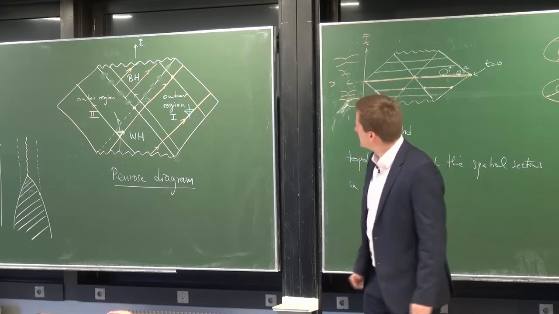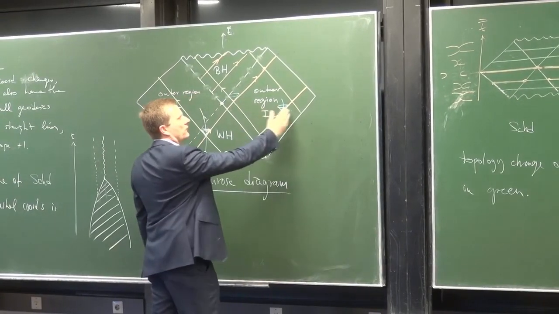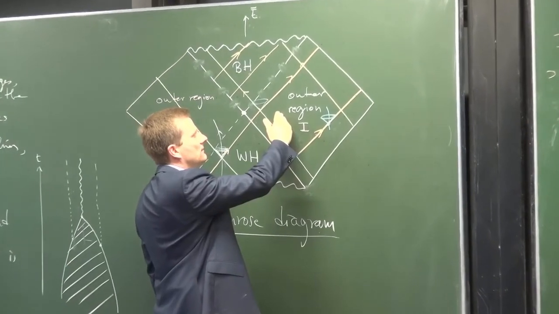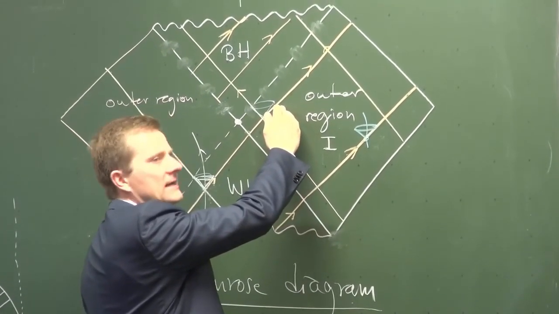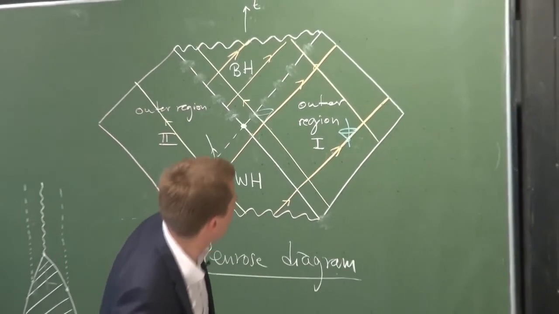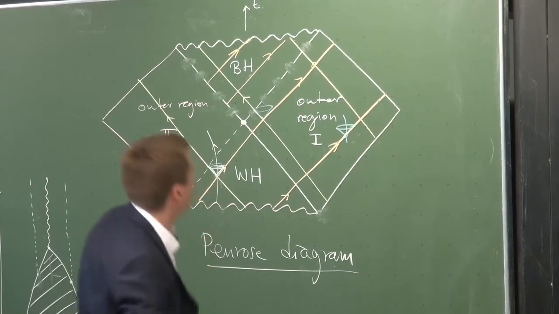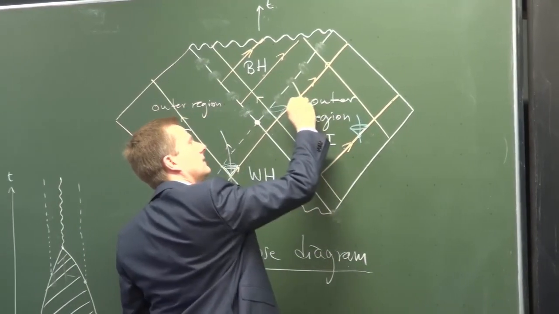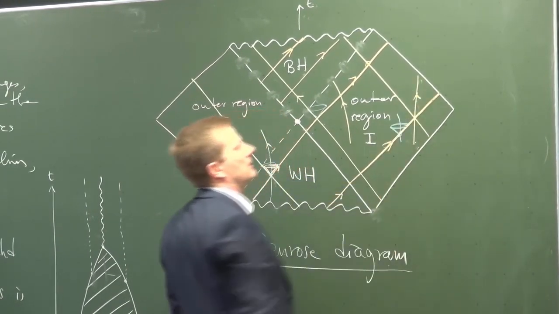So the point is, somebody falling into the black hole, for somebody out here, it appears that that person will approach more and more and more the horizon. You can imagine from this picture, somebody falls into this black hole as a massive observer, and there's a massive observer out here, looking.